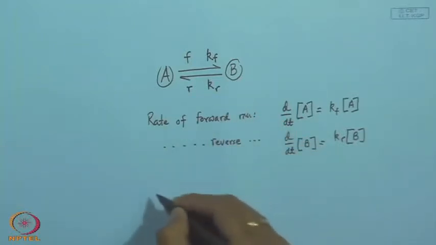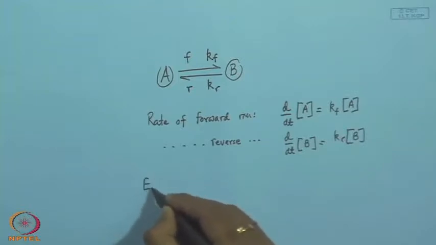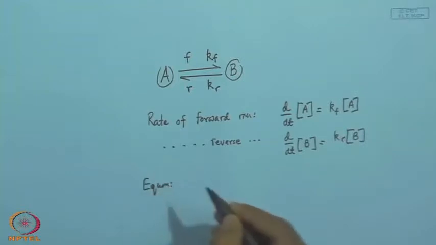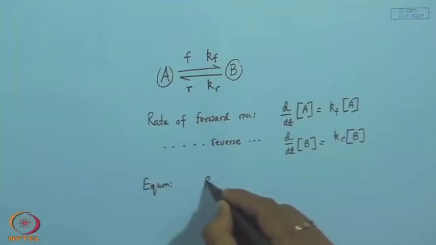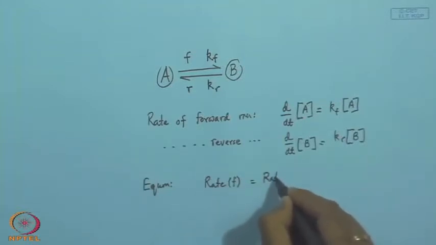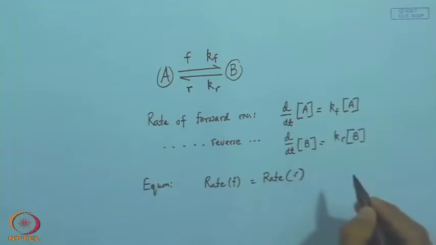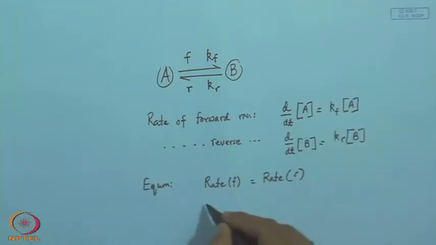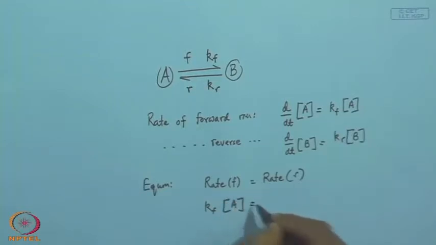So, at equilibrium, what can we write? At equilibrium, rate forward is equal to rate reverse. So, we can write K f into A is equal to K r into B.